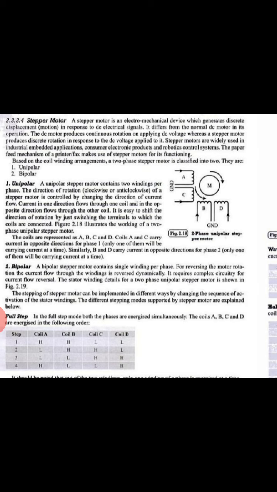The current requirement for a stepper motor is a little high and hence the port pin of the microcontroller or the processor may not be able to drive it directly. Also, the supply voltage required to operate a stepper motor normally varies in the range of 5 volts to 24 volts. Depending on the current and voltage requirements, special driving circuits are required to interface the stepper motor with the microcontroller or the processor.